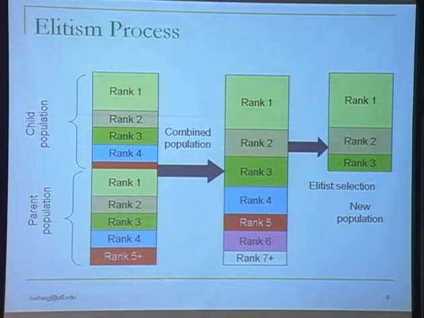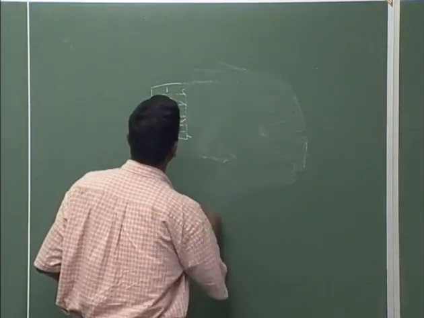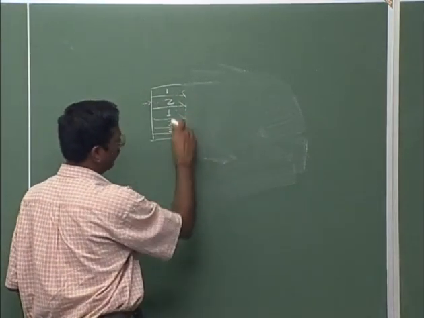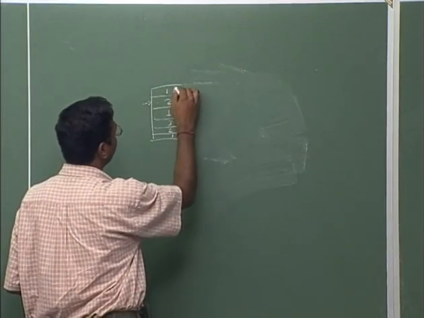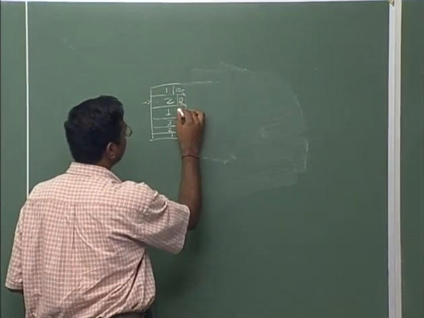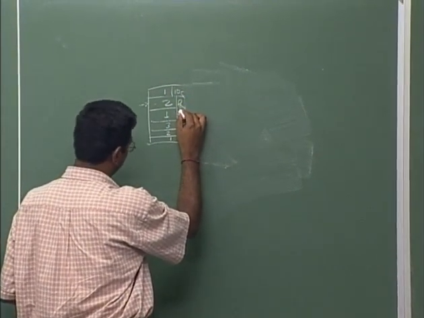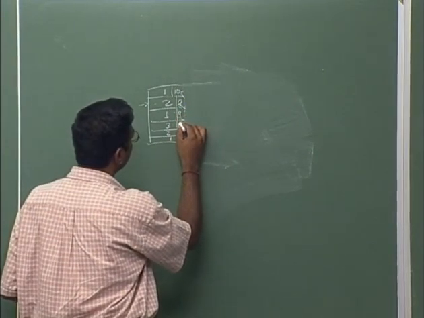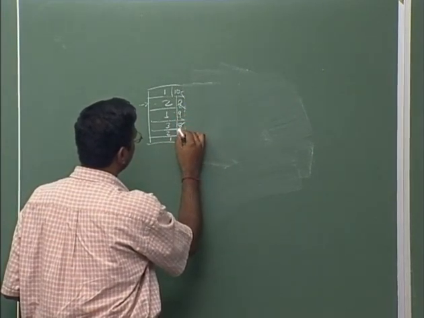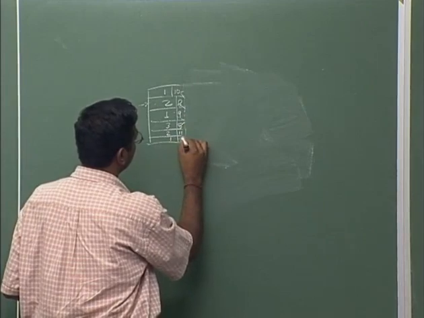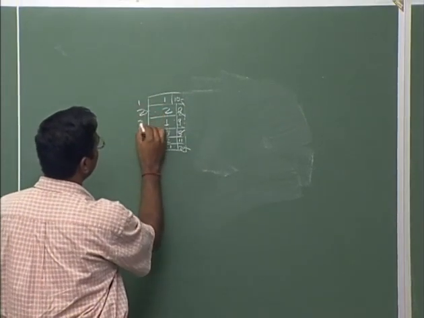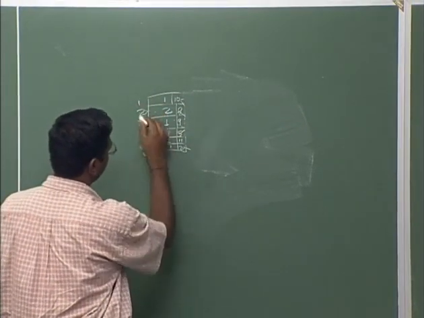Okay. Let me take this example and work it out in detail. Let's say I have these solutions, and I assign the rankings and crowding distance accordingly. And I assign a number to each.